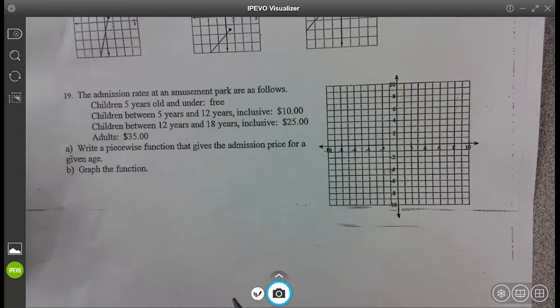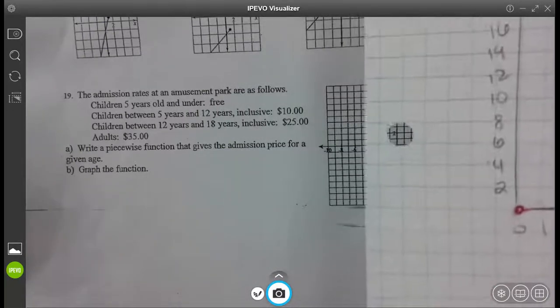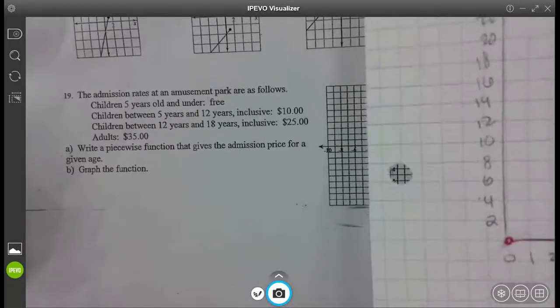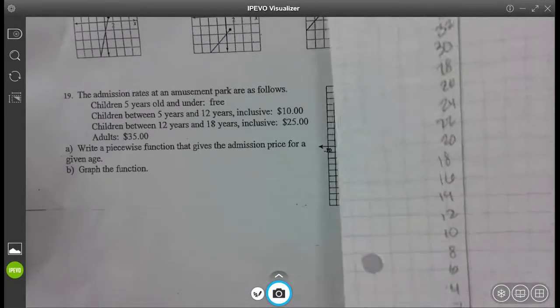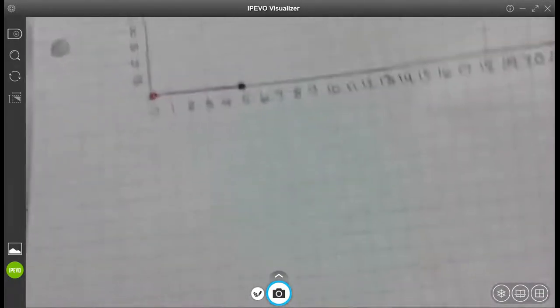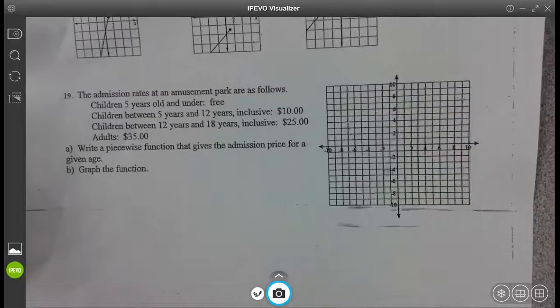If you are between 12 and 18 years old, you are 25. So get graph paper out, and I would make up to $35. So I just went by 2s. And then down here, I made the ages of the kids with 1 square each. It says write a piecewise function that gives the admission price for the given age and graph.